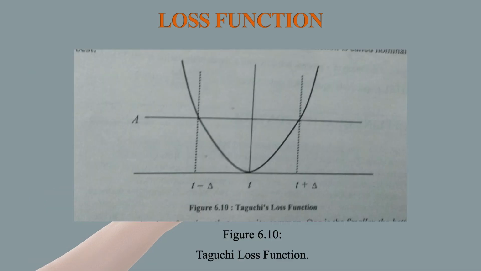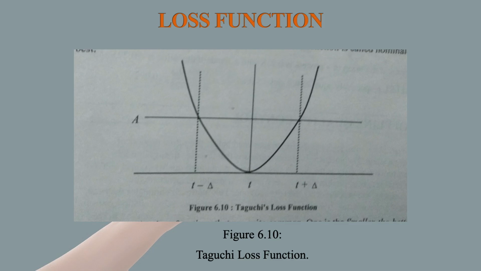So this is the figure of the Taguchi loss function. Here T is the target value, and if the curve deviates from the target value and reaches the tolerance, that is T minus delta or T plus delta, then it is within the tolerance limits.